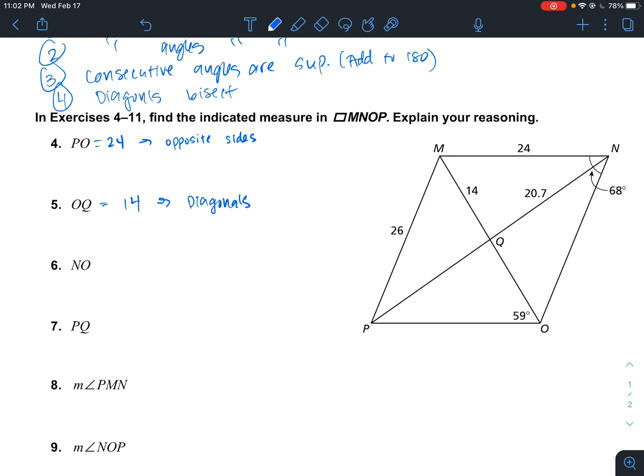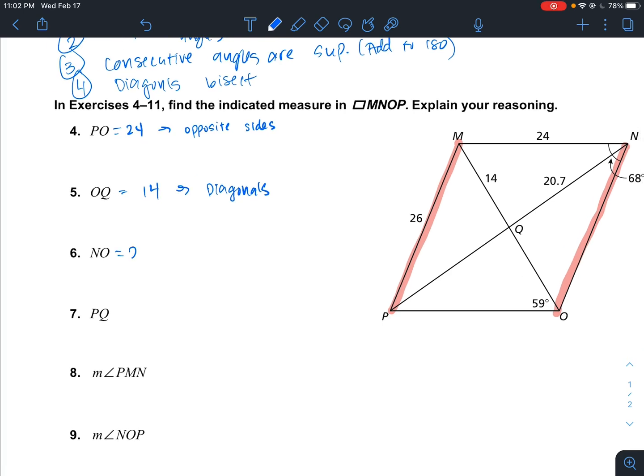Alright, now NO, so this side length there, well, I know that it is parallel with this one, and it is congruent, so it's equal to 26, and that's from the opposite sides theorem.